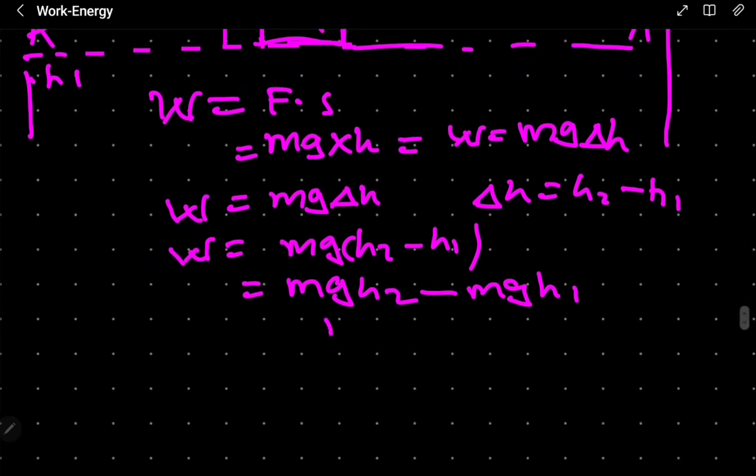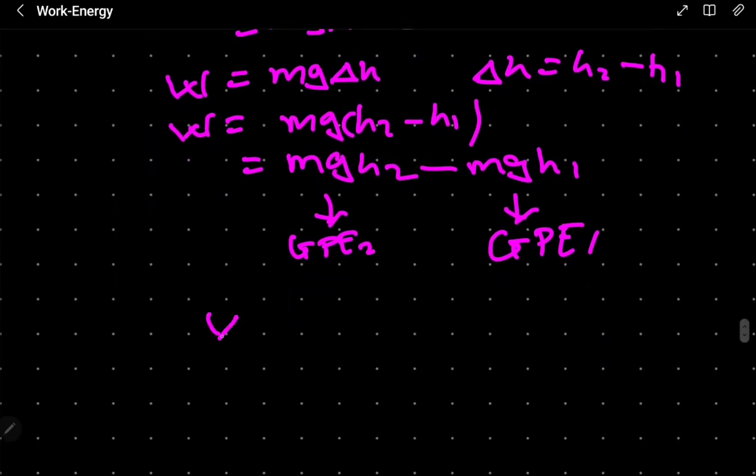Now this is gravitational potential energy 2, and this is gravitational potential energy 1. You can see here the work done is equal to the change in gravitational potential energy.